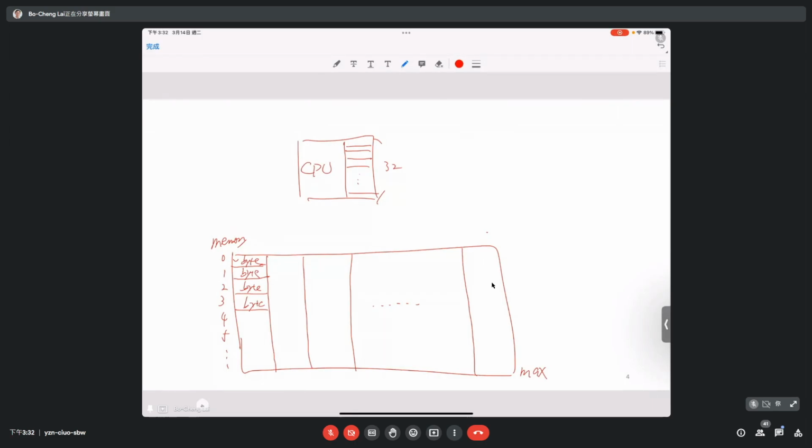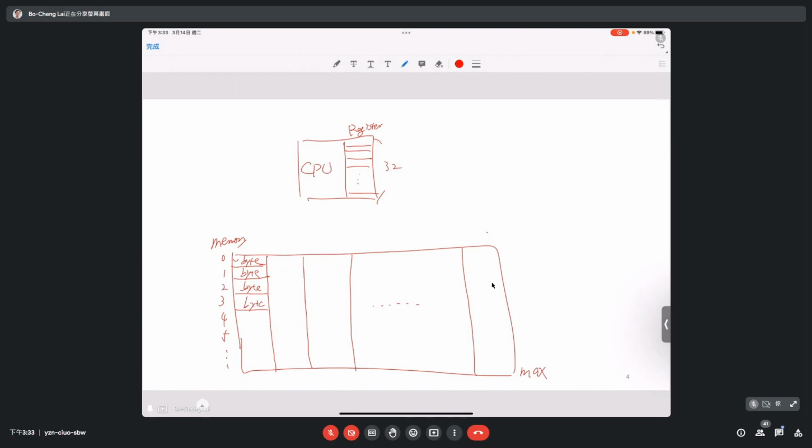Okay. First of all, is that okay for everybody? 这到这边有没有问题？没有啊。All right. So now, what is the address? What is the data in the register? Registers are storage elements inside CPU.